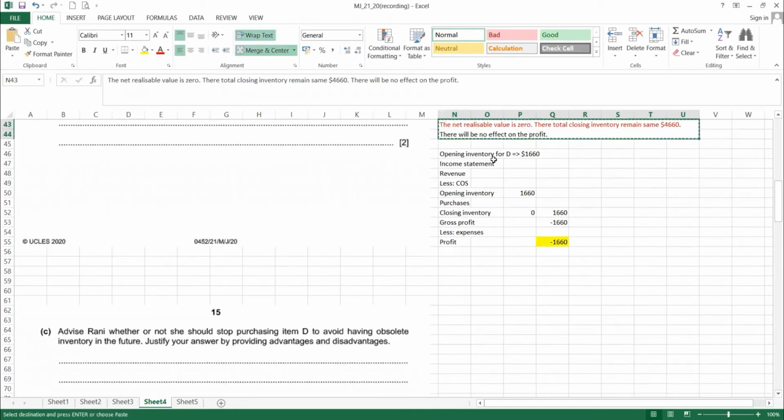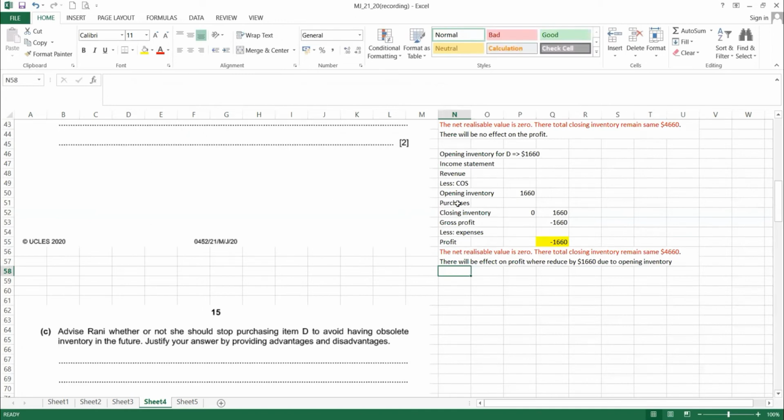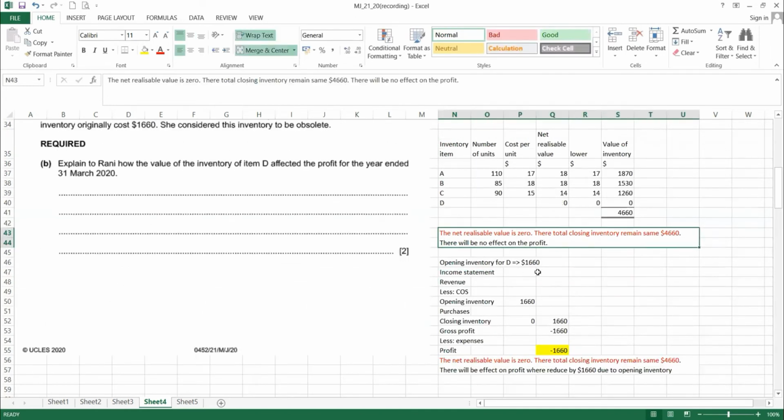Based on the accounting concept, the total closing inventory remains the same, 4,660, but there will be an effect on profit, reduced by 1,660 due to opening inventory. So that should be the answer from my point of view, compared to the marking scheme.